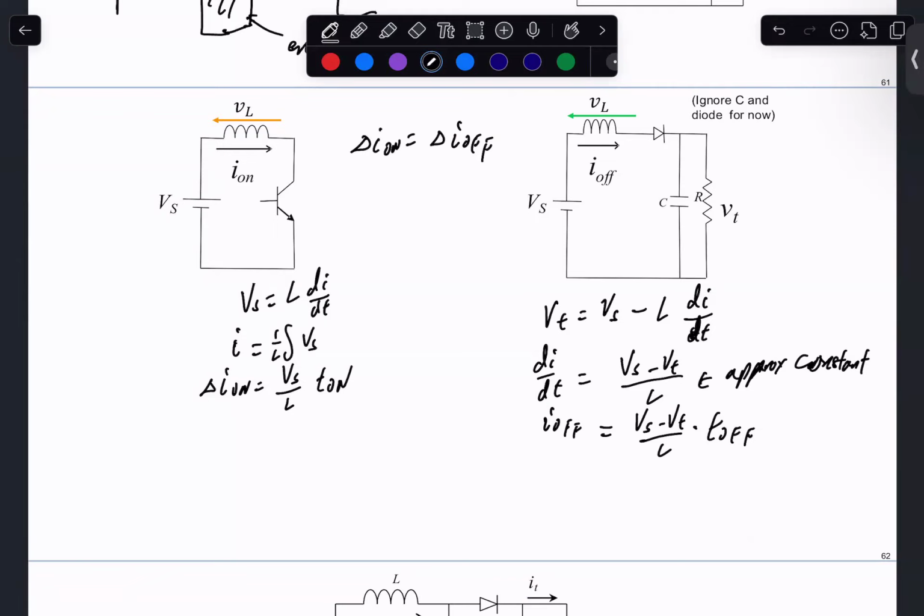Now we have two equations, and we simply equate these two. So we have Vs over L times T on is equal to Vs minus Vt over L times T off.